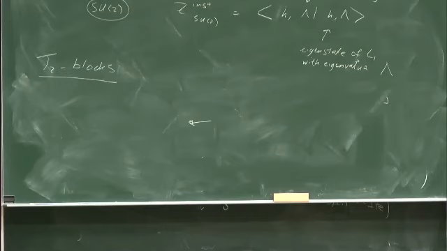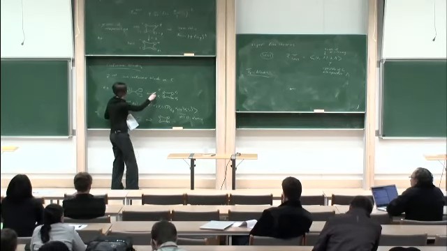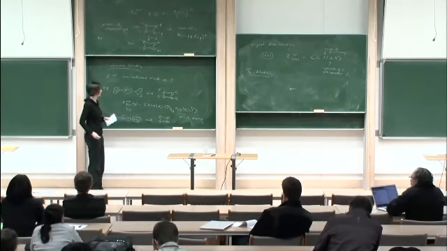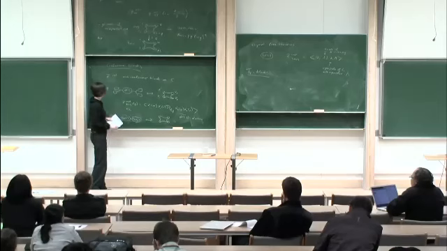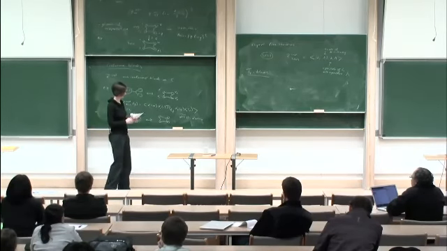So maybe I should stress that in this correspondence between instanton partition functions and conformal blocks, these flavor groups correspond to insertions of primary vertex operators, whereas the gauge groups correspond to insertions of descendant fields.